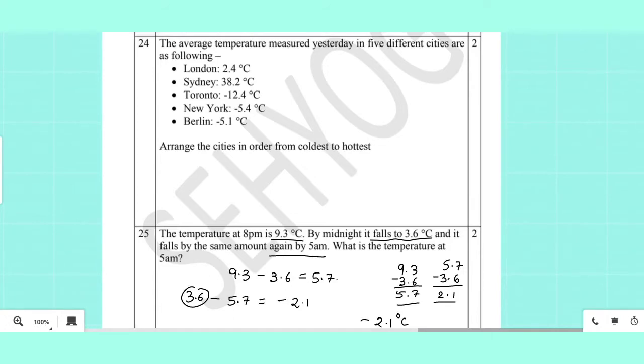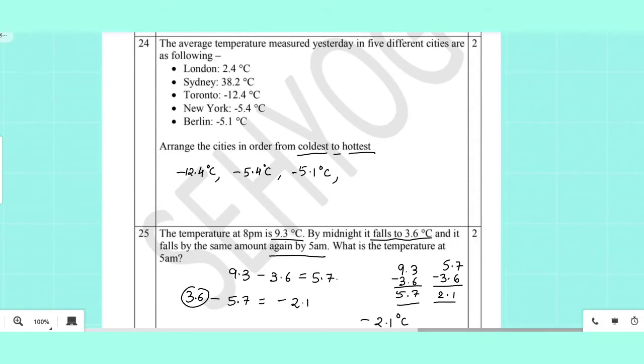Question number 24. The average temperatures measured yesterday in 5 different cities are given. So arrange the cities in order from coldest to hottest. So the more negative the temperature is, the colder it is, right? So the coldest temperature is negative 12.4 degrees Celsius. Hotter than that is negative 5.4 degrees Celsius.